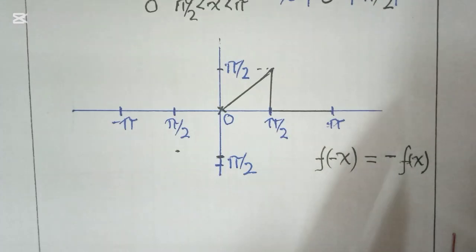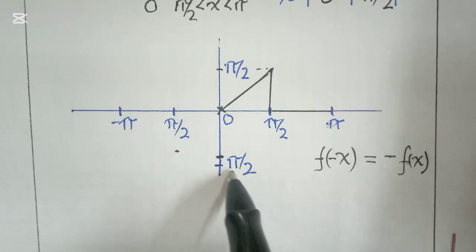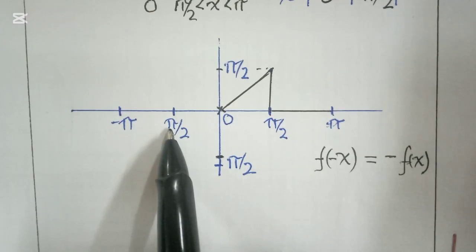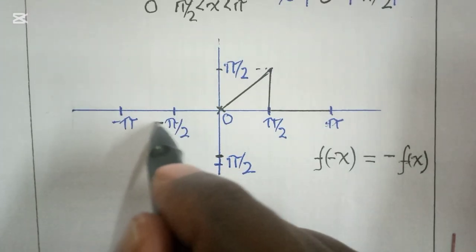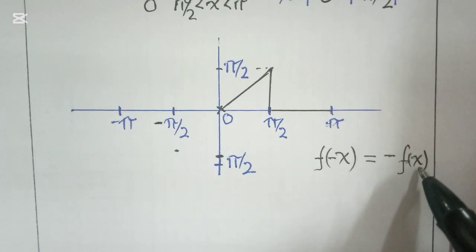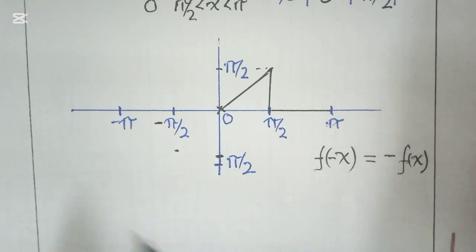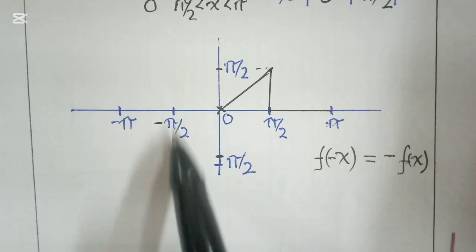And so, guys, if we want to find our negative pi over 2 here and positive pi over 2, this is not positive but negative, we shall come and put our pi over 2. If we put pi over 2 here, it will become negative pi over 2. So it will be this point along that line.